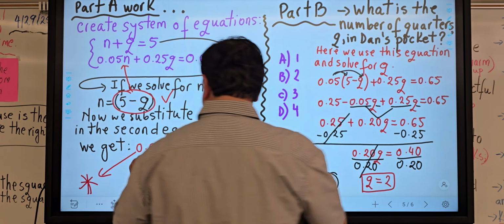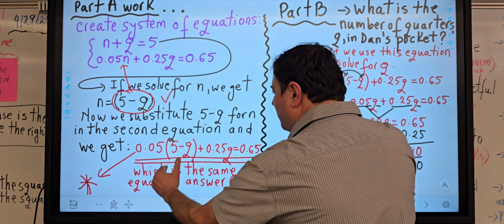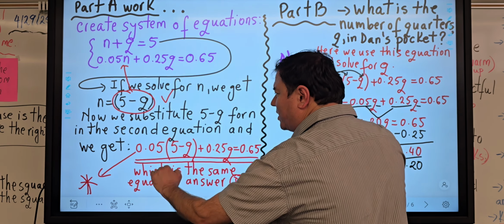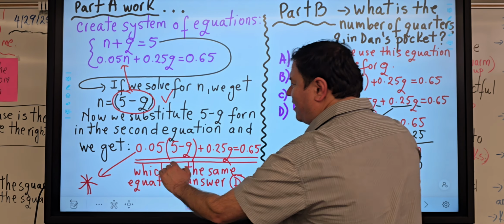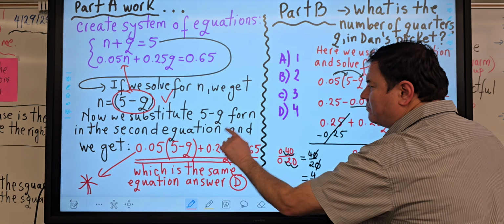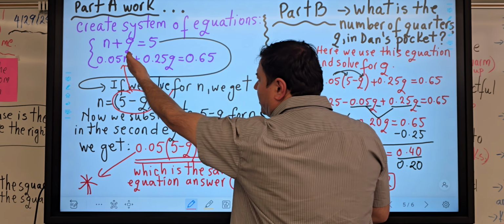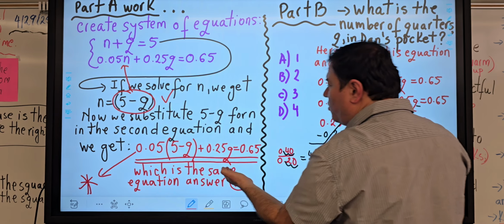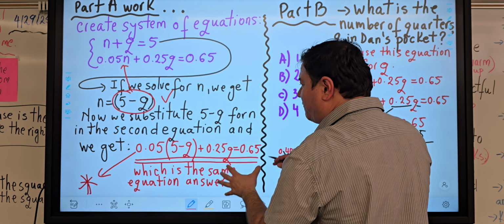And then we come up with this option that is one of our multiple choice answers for part A. This equation right here: 0.05 times (5 minus Q), because instead of N we put 5 minus Q, plus 0.25Q equals 0.65.